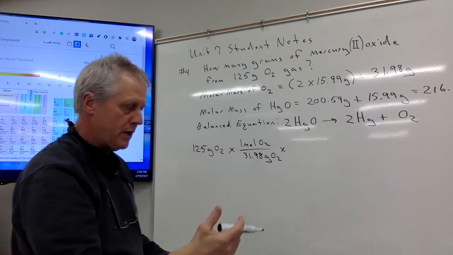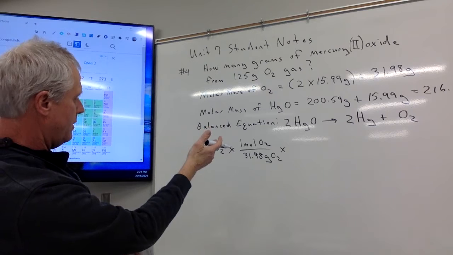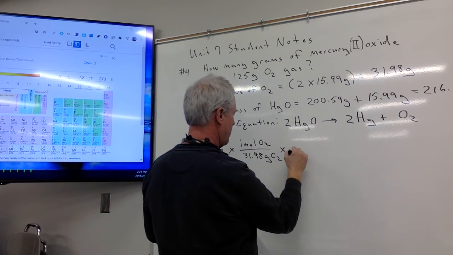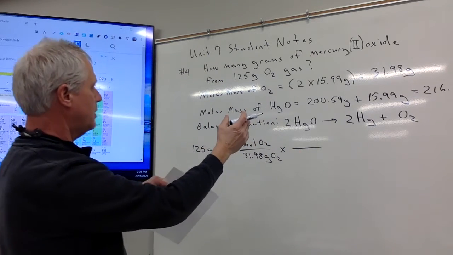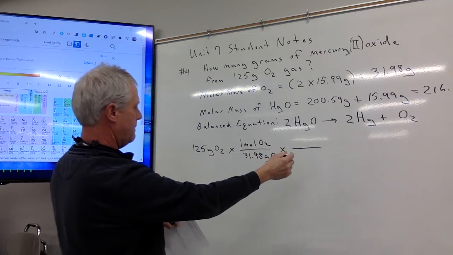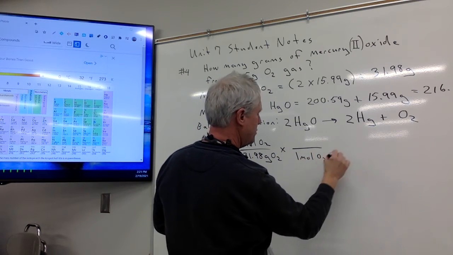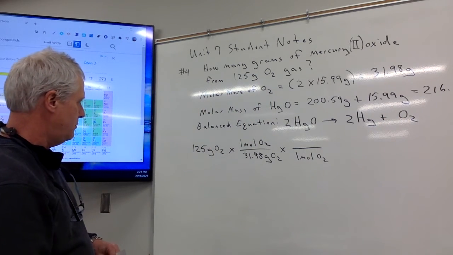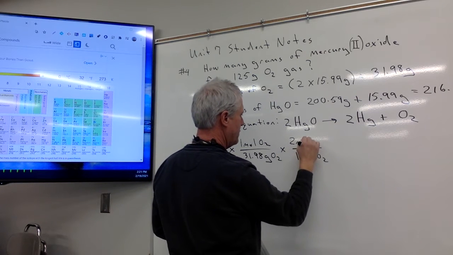And now we need the mole ratio of the O2 to the mercury oxide. Okay, so that's really what we're looking for. So we want mercury oxide over here on top. In our mole ratio here for O2 is 1 mole of O2 based on that value there. But there's 2 moles of the mercury oxide right here. So 2 moles of mercury oxide.